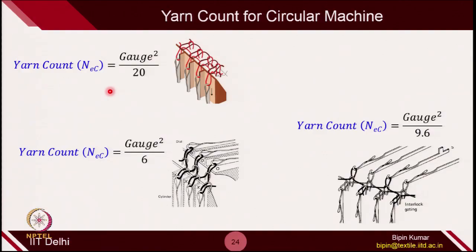Again, if you try to see why these constants are different: in single bed, there is a lot of space available on the front side of the needle. That is why you can play with thicker yarn diameter. But in the rib, because of the placement of the dial bed and the cylinder bed, there is limited space available in a double bed machine.